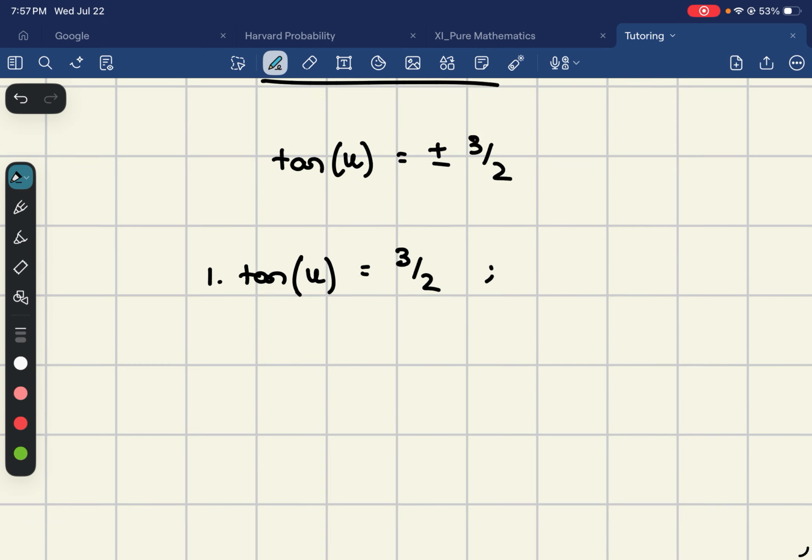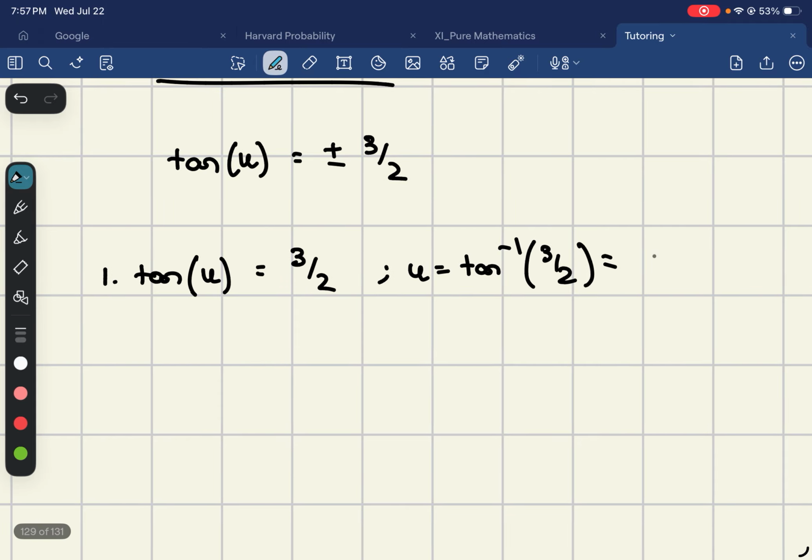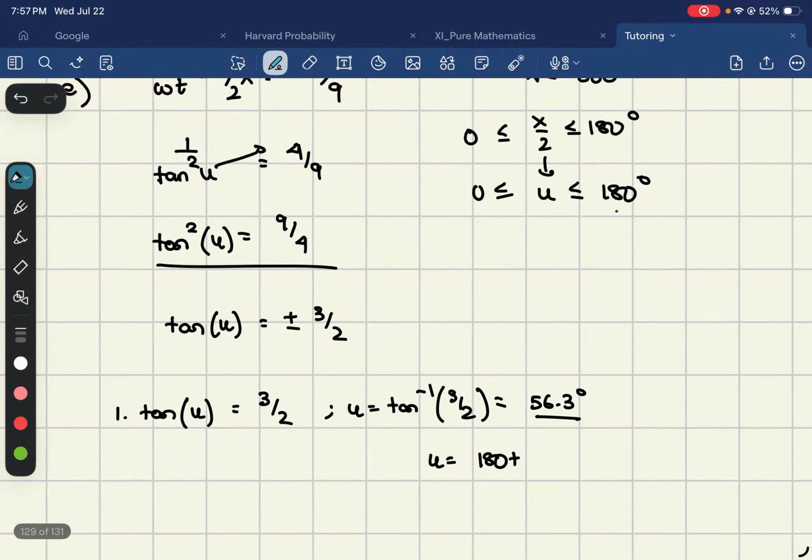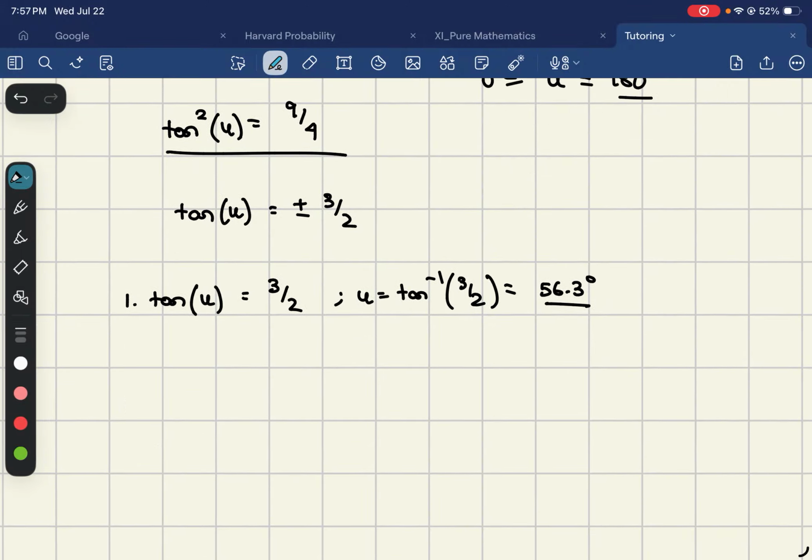And u can just be the tan inverse of 3 over 2, which is going to give me an acute angle. And that is just 56.3 degrees, which is between 0 and 180, remember, because u is just x by 2, right? And my other solution is just 180 plus 56.3 for u. But I can't add 180 because it's going to exceed the limit. So I don't really need to work with that.